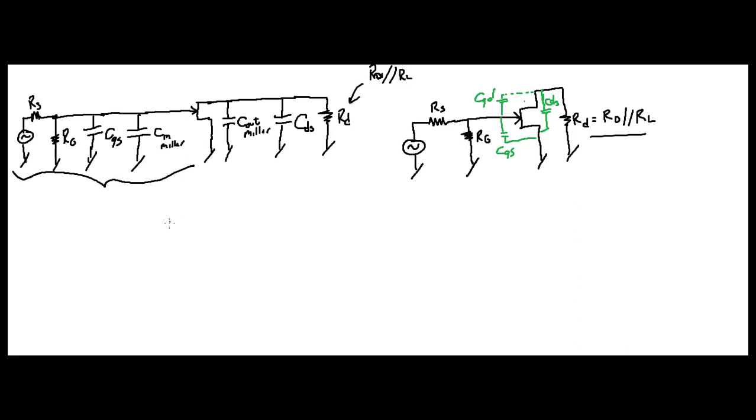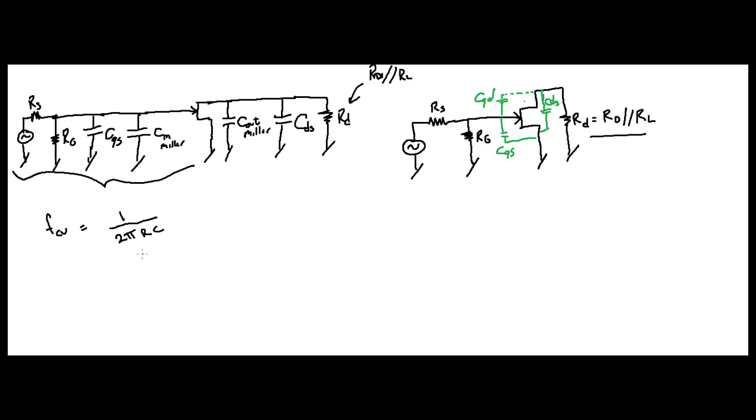So basically the formula is, as many of you already know, FCU, that's the upper critical frequency, not lower. That's going to be equal to 1 divided by 2 pi, and then we have an R and a C. Well, the trick is obviously figuring out the R and the C.